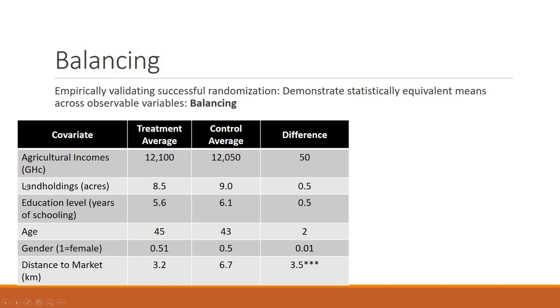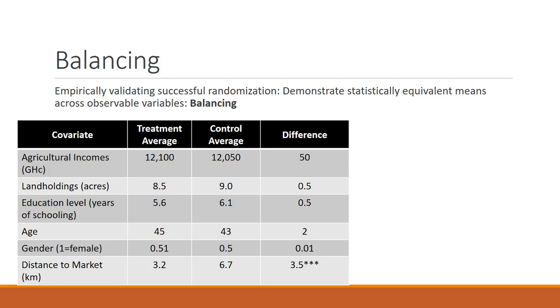So in our particular example, we have a sample of 10,000 farmers, and we want to look at the impact of fertilizer on those farmers' incomes. And now let's imagine that we've collected a baseline survey. That means we have information on all 10,000 farmers before the intervention is implemented.